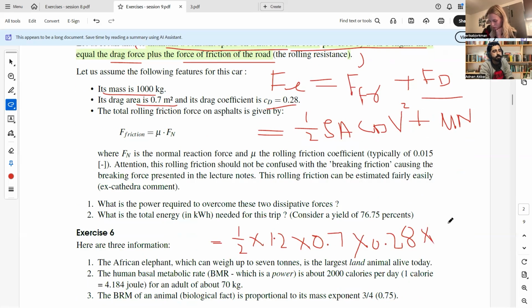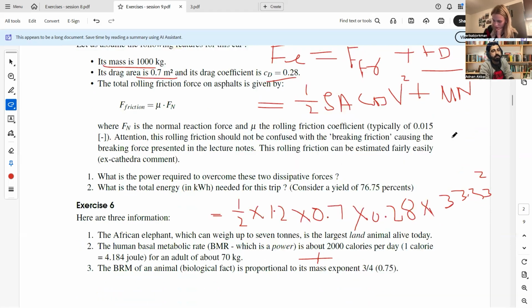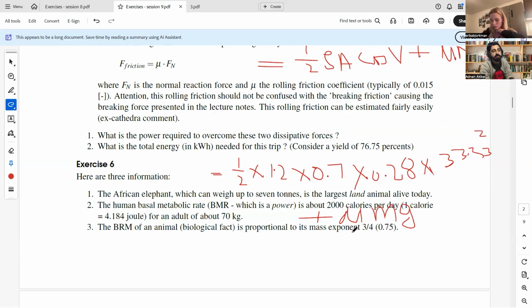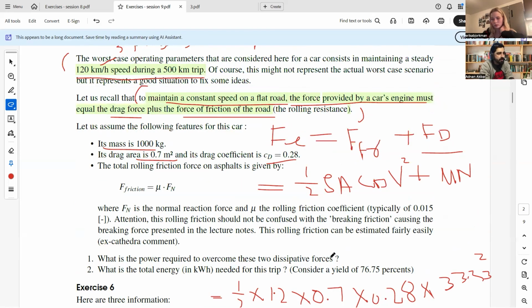So put it here, 33.33 square, plus the second quantity mu N. Mu is the coefficient of friction and N is the normal reaction which is equal to mg. Then our equation can be written as mu mg. And here you can put the value of mu that is given here. Yes, it is 0.015.